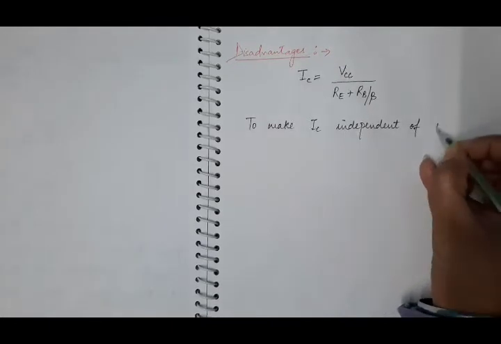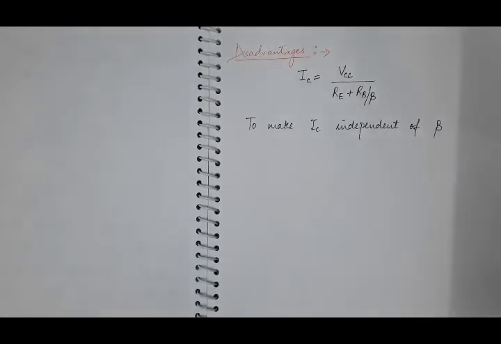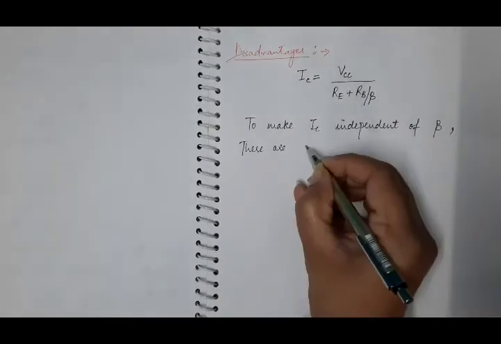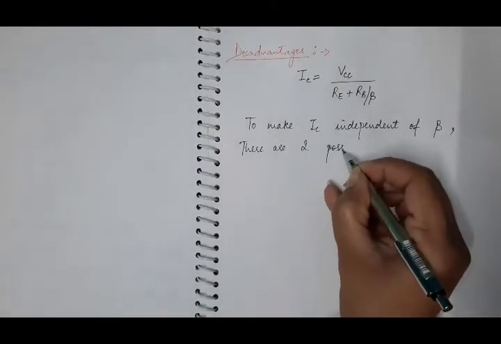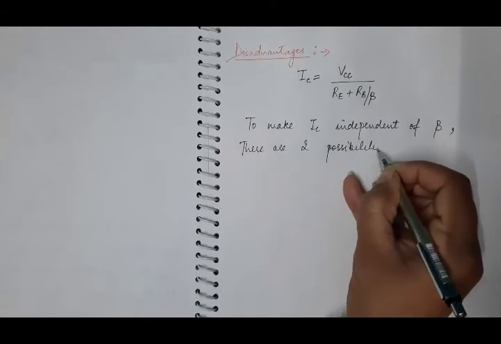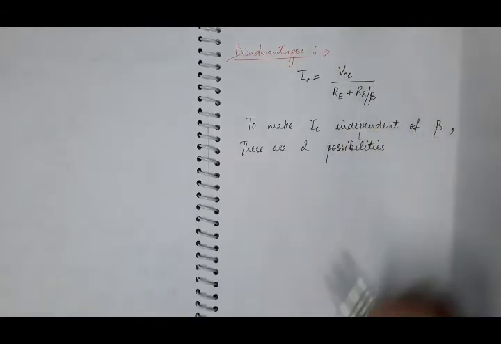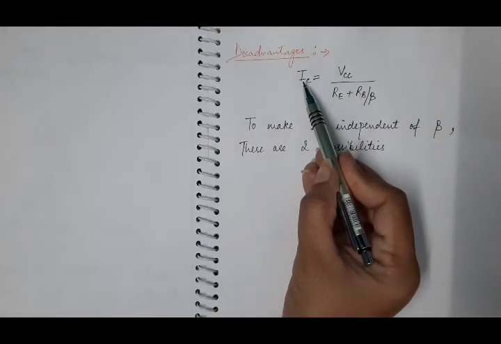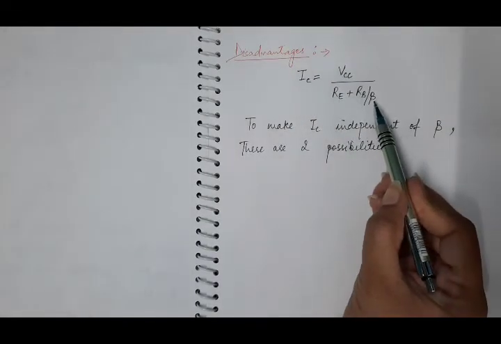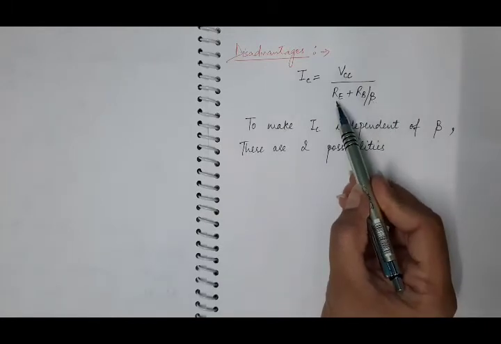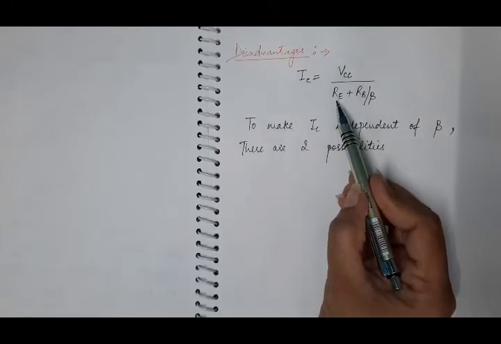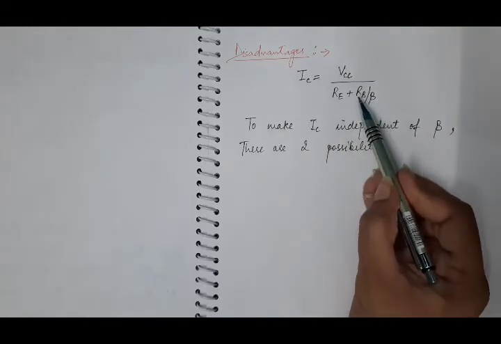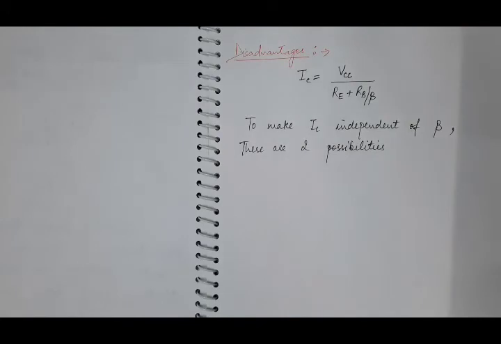To make IC independent of beta, what are the possibilities? There are two possibilities. See the denominator. This IC will be independent of beta if this RE is made very much greater than RB by beta, so that we can ignore RB by beta.